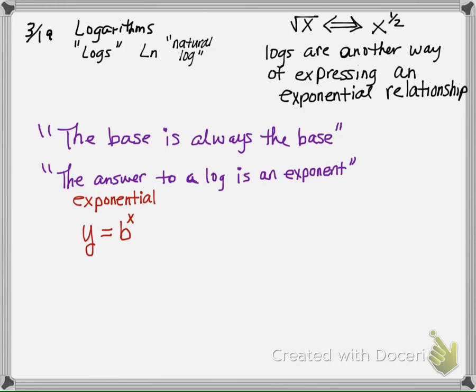That's what we call being in exponential form. And we are going to rewrite that in log form, and we're going to have these two sentences help us out with that, going from exponential form to log form.